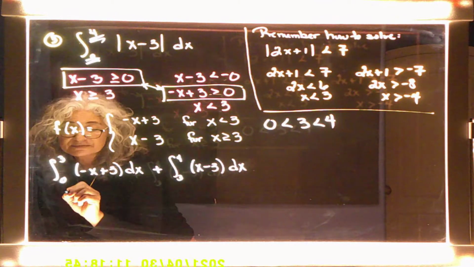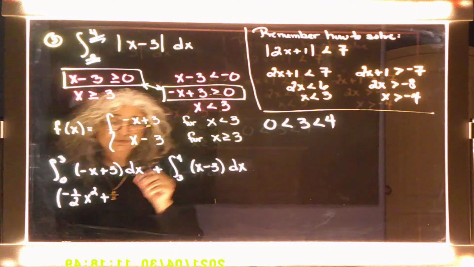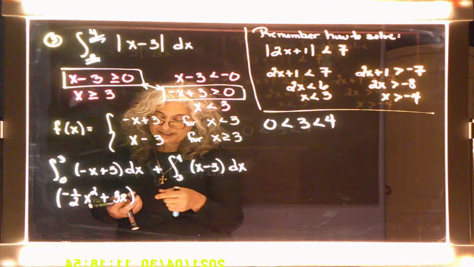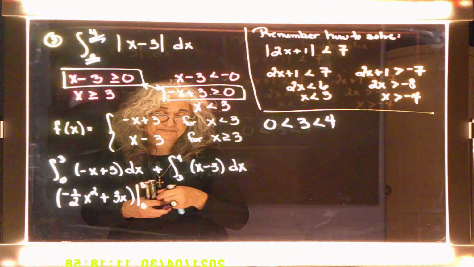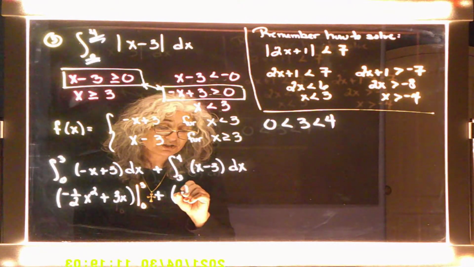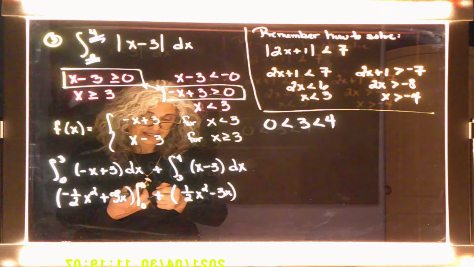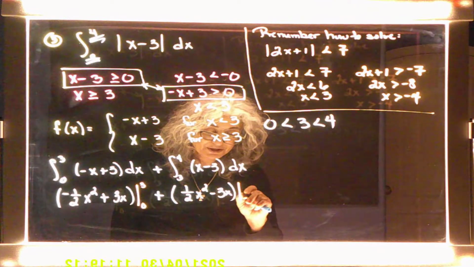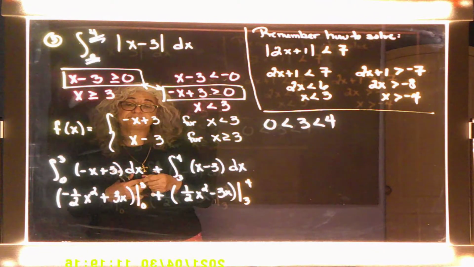So, doing your work, antiderivative of negative x. Good. Negative 1/2 x squared. Antiderivative of 3, 3x. And we'll evaluate it from 0 to 3. Plus the second half, okay, what do we get? Follow along. Yeah, 1/2 x squared minus 3x, evaluated from 3 to 4. Good?